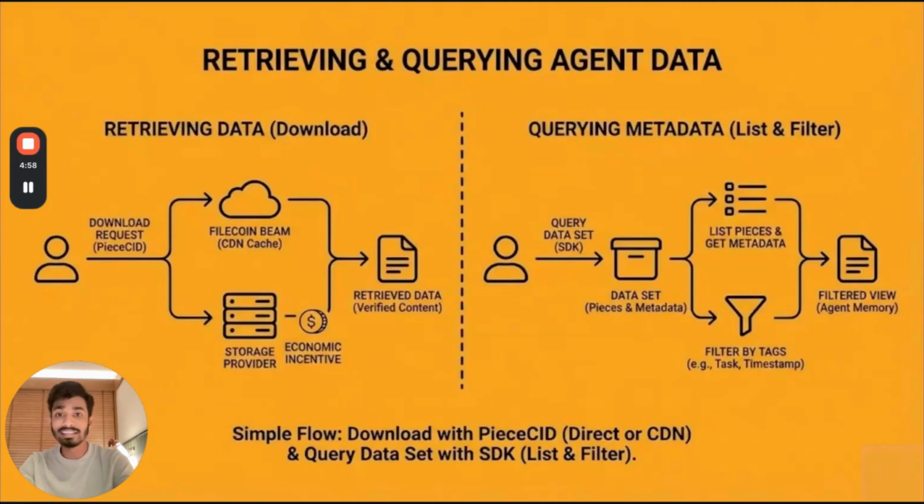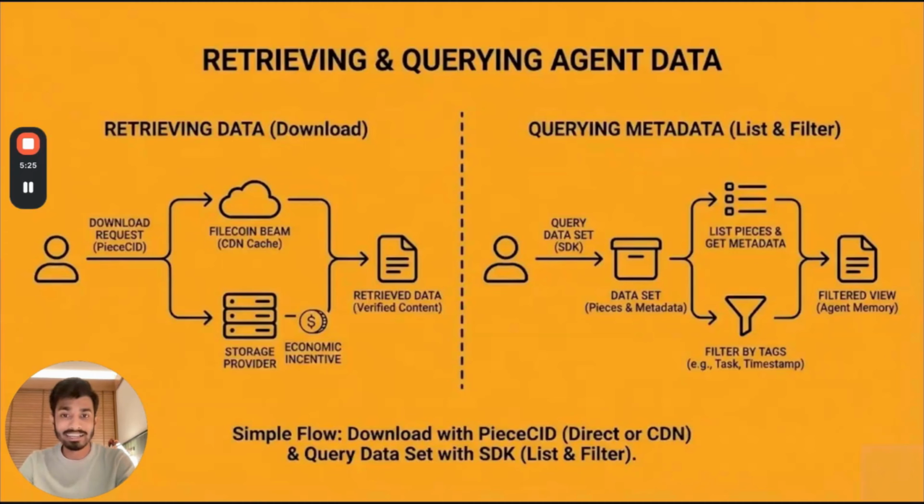If you enable CDN when you set up your storage context, with the CDN option, retrieval goes through Filecoin Beam, which caches the data from storage providers for faster global delivery. Either way, you are pulling from the storage provider, where real economic incentives are provided to keep your data available.